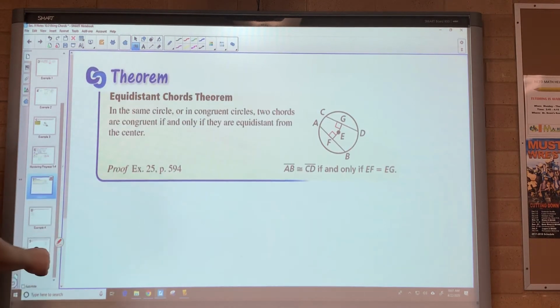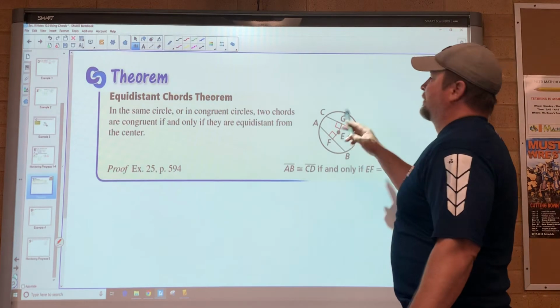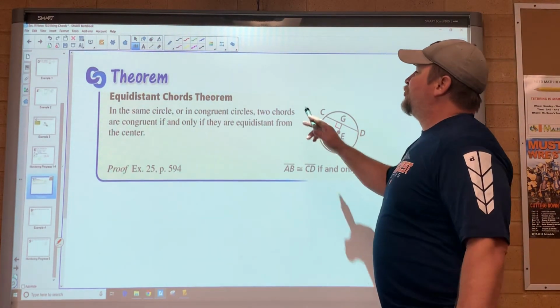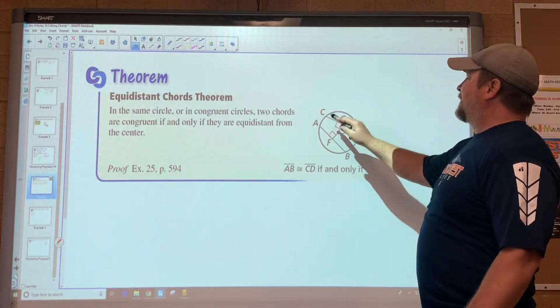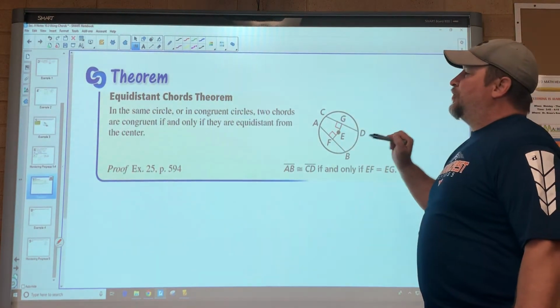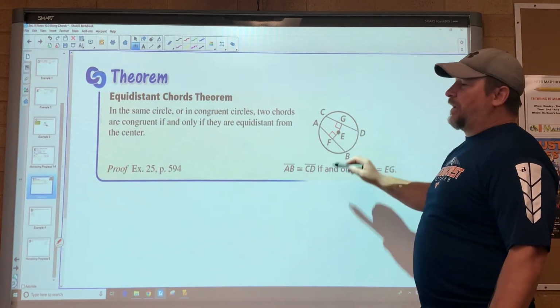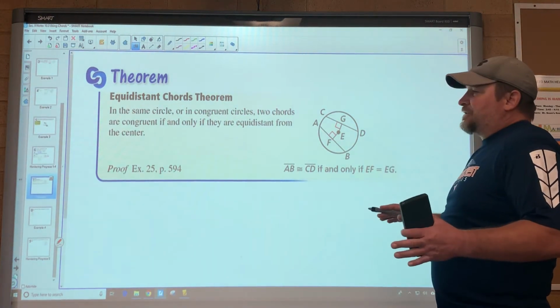We're almost there. We're going to talk about the equal distance chords. So, in the same circle or in congruent circles, two chords, the chord AB and chord CD, will be congruent if and only if they are equally distanced away from the center. So here's the idea.